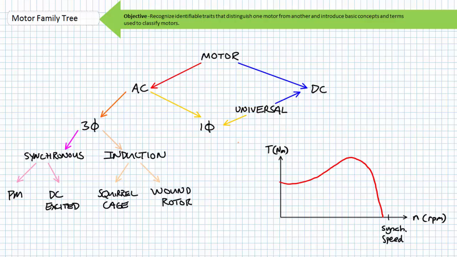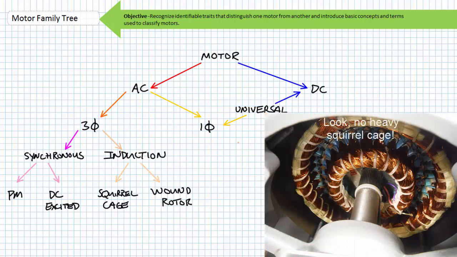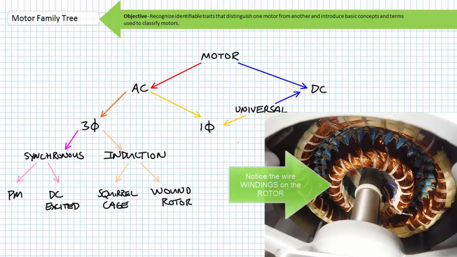The wound rotor induction motor is for the most part exactly like its brother, the squirrel cage induction motor, with two notable exceptions. One, the rotor isn't a heavy squirrel cage looking thing that is difficult to manufacture for large motors. It's typically a lightweight construction that is composed of wire wound around a laminated iron rotor that is vastly easier to manufacture.